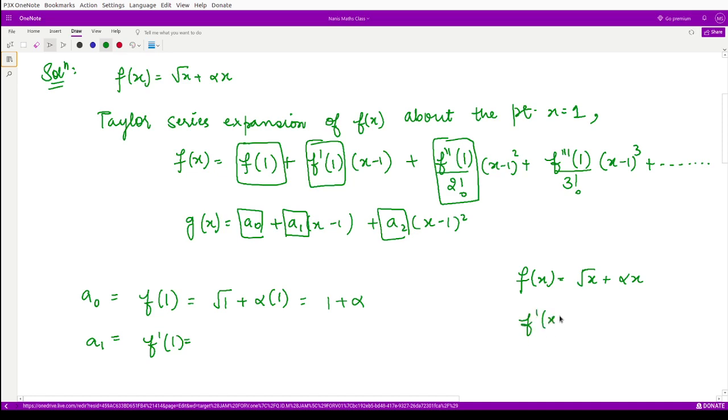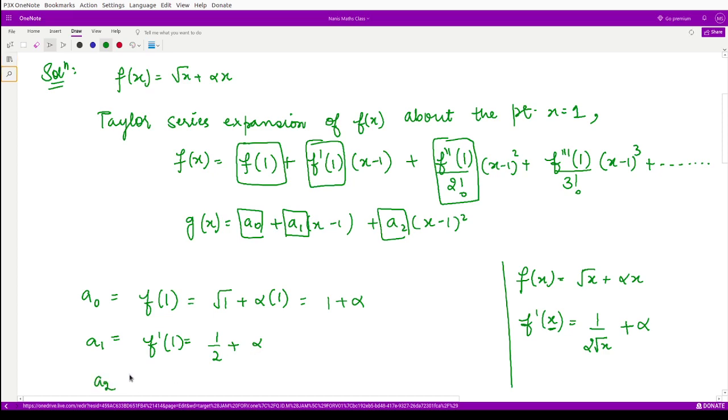So let me first calculate the derivative of f(x). It would be 1 divided by 2 square root of x, plus alpha. This is the derivative with respect to x, and when you substitute x equal to 1, you have 1 by 2 plus alpha. This is your a1.